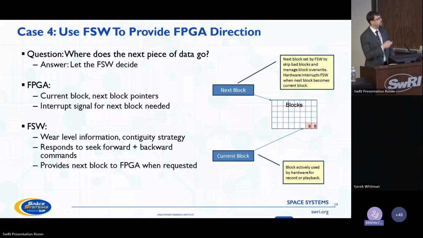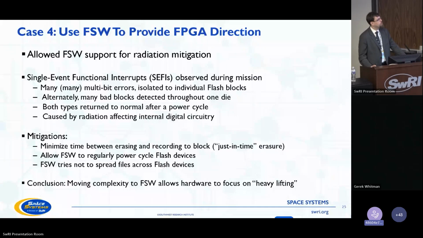What happened from that? Well, during the mission that M4 number 1 was used for, we actually started observing single event functional interrupts, SEFIs, during the mission. And those had a couple different symptoms. The first main symptom was that you would suddenly observe many multi-bit errors that EDAC claimed not to be able to correct, isolated to one individual flash block.